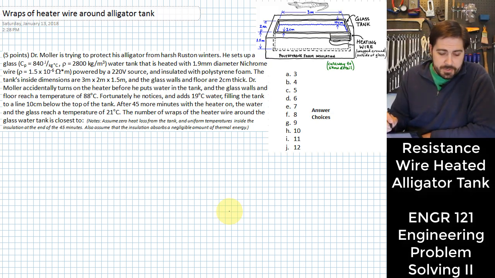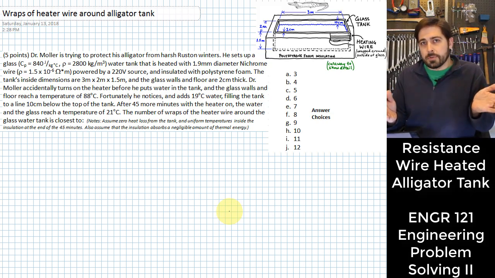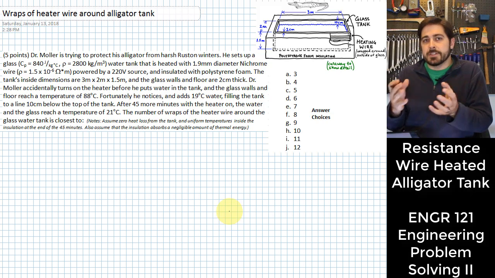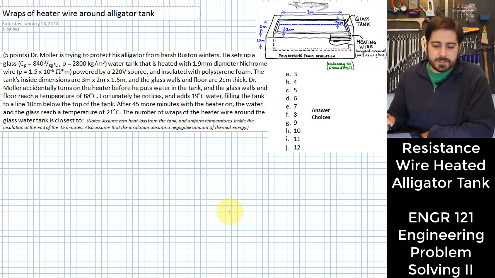So this is what we're going to try to do. The glass starts hot and gets cooler, the water starts cold, gets warmer. We then continue to pump heat into the system for 45 more minutes after we've added the water.